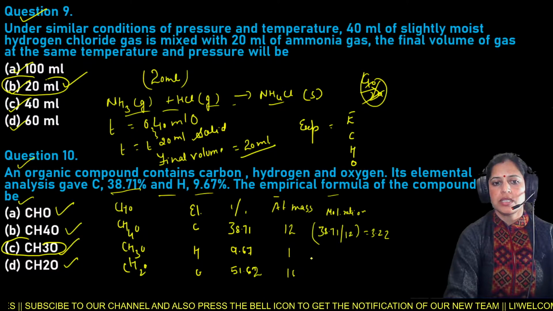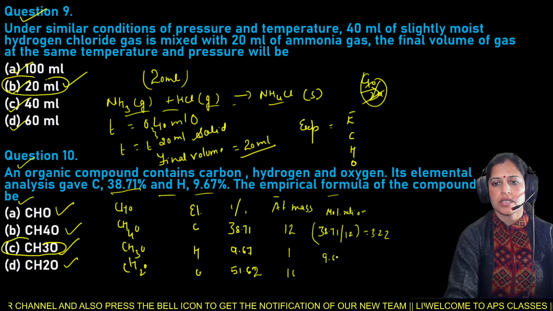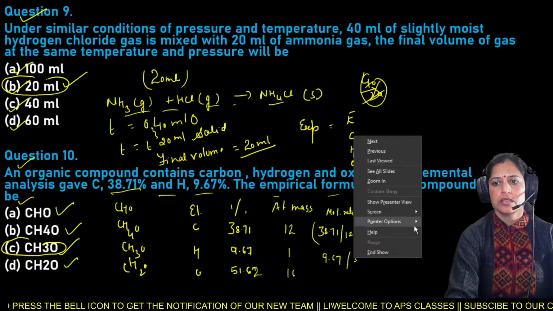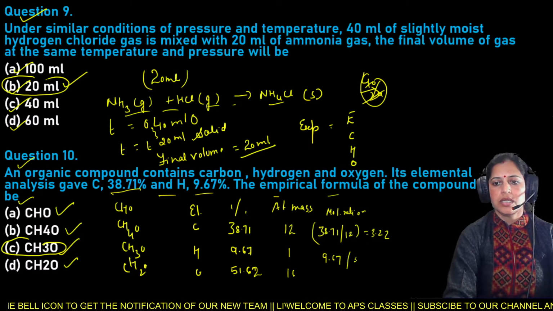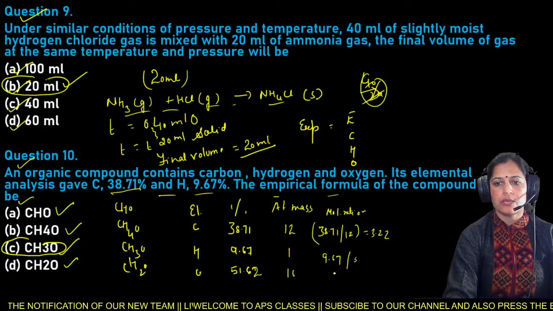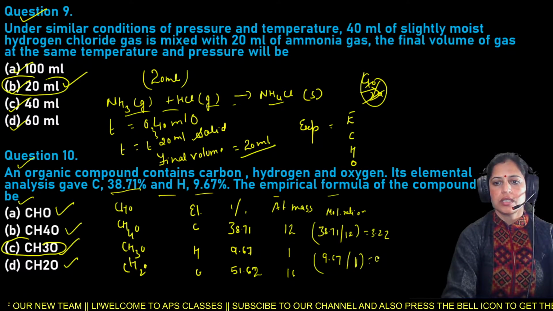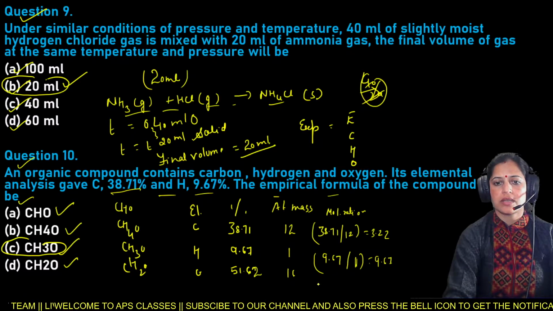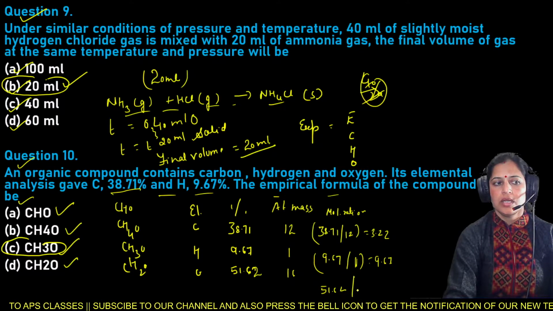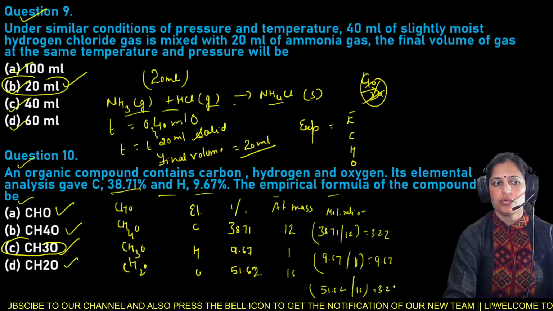Next, the mole ratio of hydrogen is 9.67 divided by 1, so the mole ratio is 9.67. Then the mole ratio of oxygen is 51.62 divided by 16, and it comes out to be 3.22.